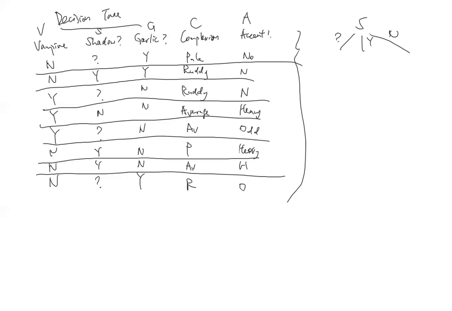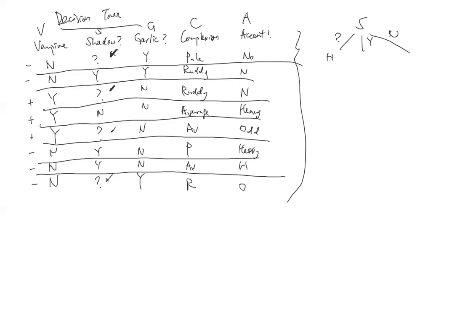So if I look at this data, I will use the minus sign as not a vampire and the plus sign as a vampire. Then if I look at whether it's a shadow or no shadow, you see I have four data points here, and some of them are vampires, some of them are not.